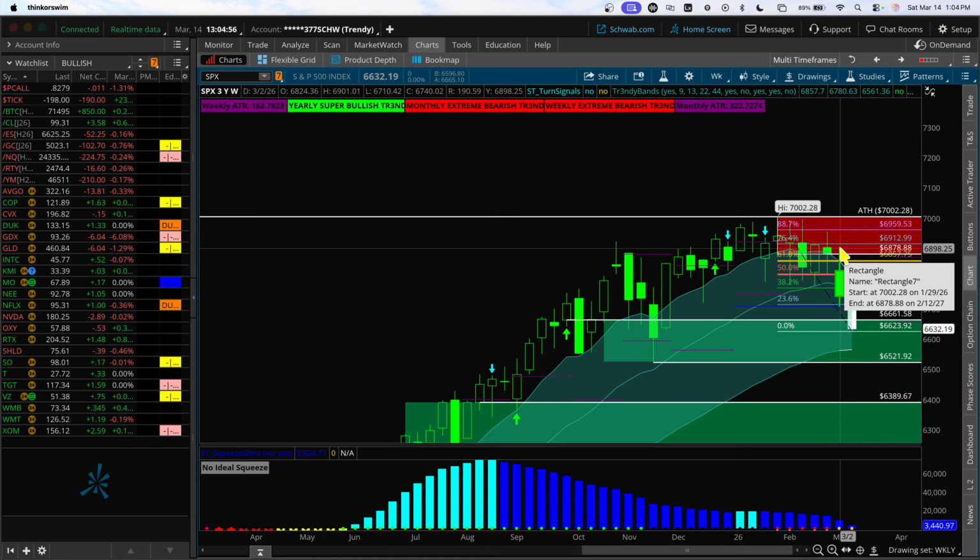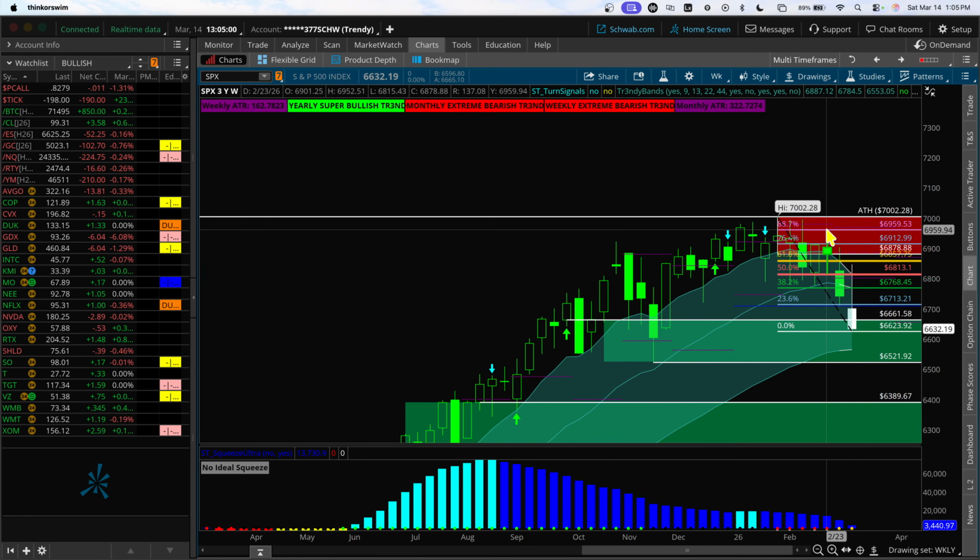The topping wick on the week before shows selling pressure, and the week before that. So you can see that the week before that, though, it was really more an indecisive candle. We had a topping wick, but we also had a bottoming wick. The last 2 weeks, though, look different.